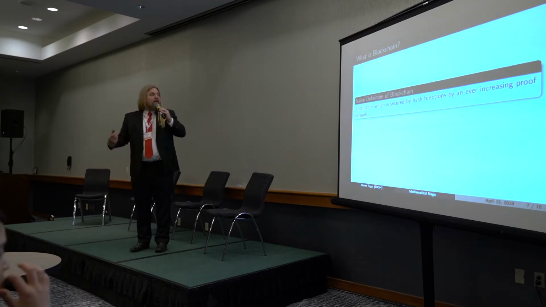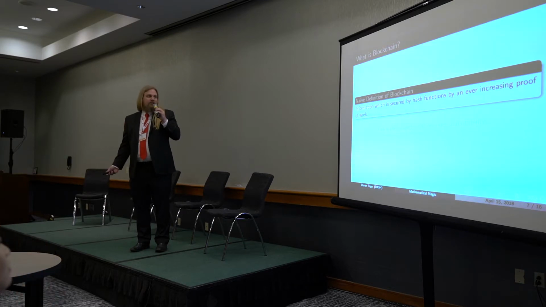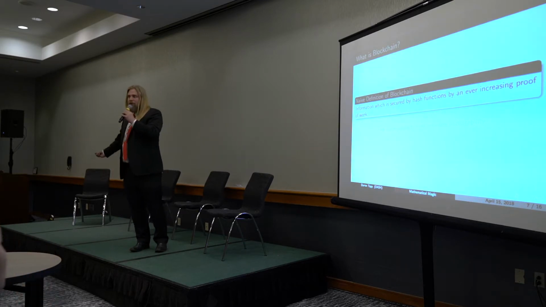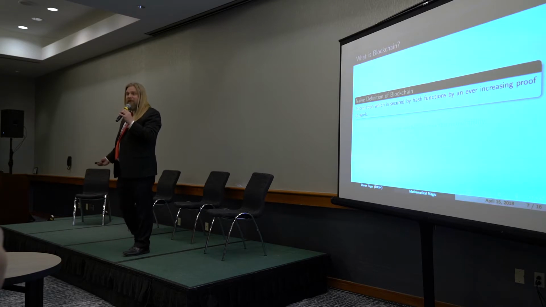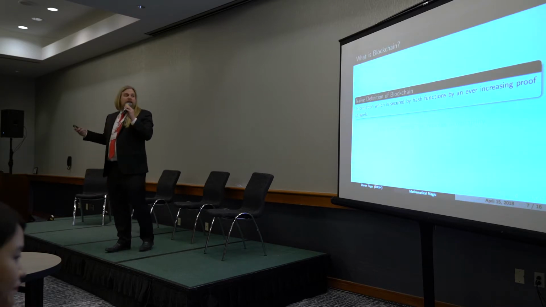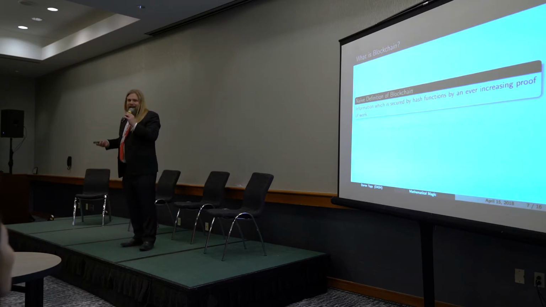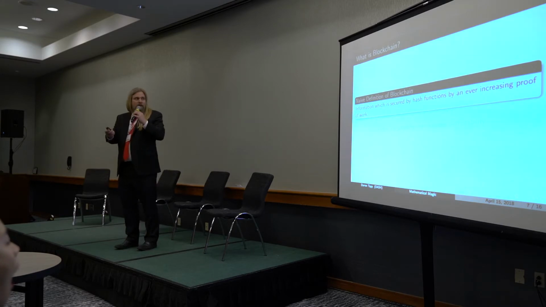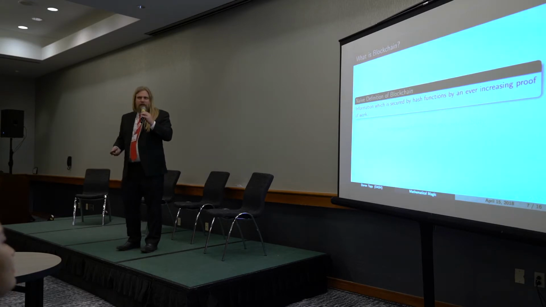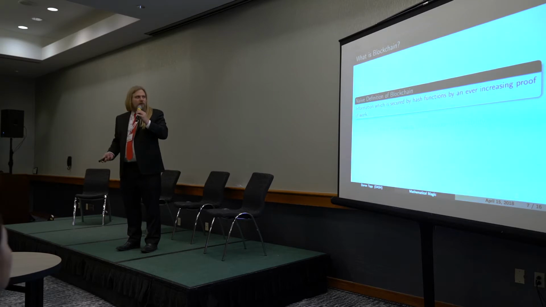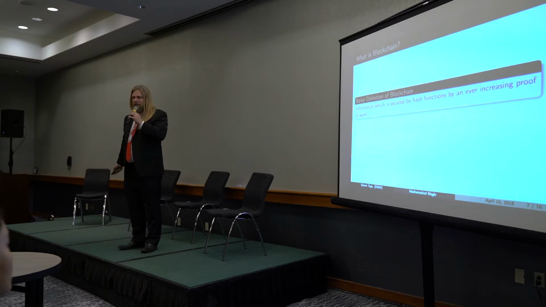That's information which is secured by hash functions by an ever-increasing proof of work. Okay, so when I first heard that blockchain is going to change the world, I kind of had an understanding of how all this blockchain worked, and this is what I thought a blockchain was, and I'm like, well, that doesn't seem like it's going to change the world.